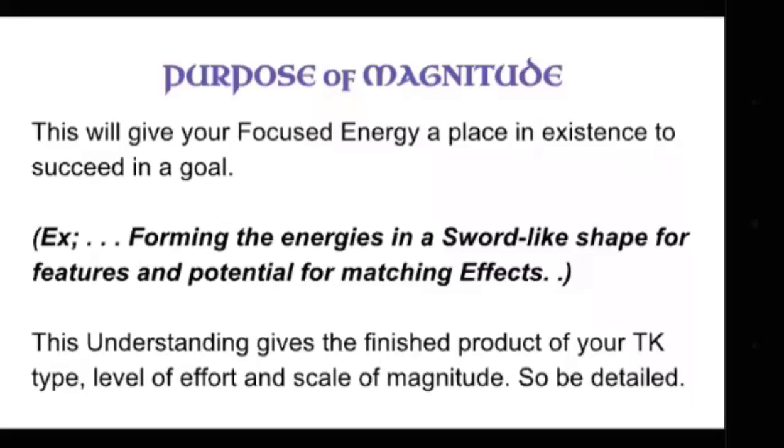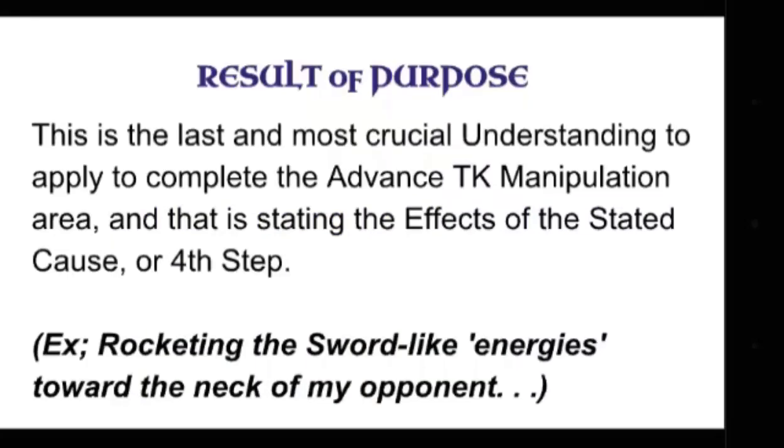Okay, so the next and final command is the result of purpose. The result of purpose is the result of the magnitude of power. So this is the last and most crucial understanding to apply to complete the advanced TK manipulation area, and that is stating the effects of the stated cause, or the fourth step, which we just talked about.